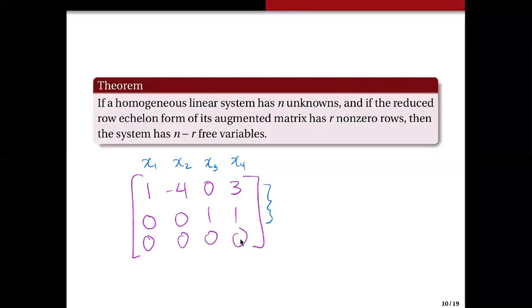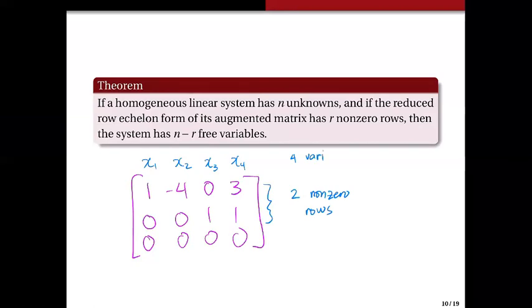Okay? So in here, you have 2 non-zero rows. Then the system has n minus r free variables.